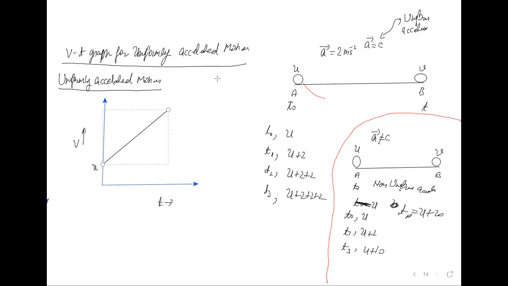Okay, so as it is quite visible in the graph, we will draw two perpendiculars, one on the time axis and the other on the velocity axis.